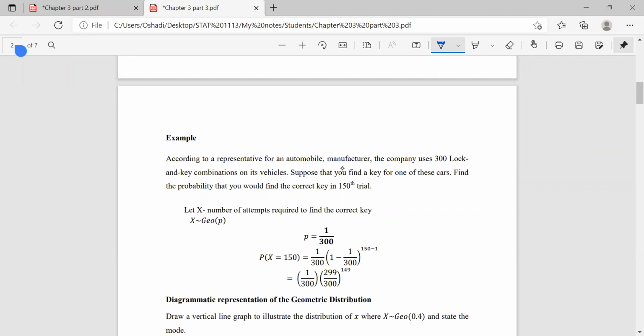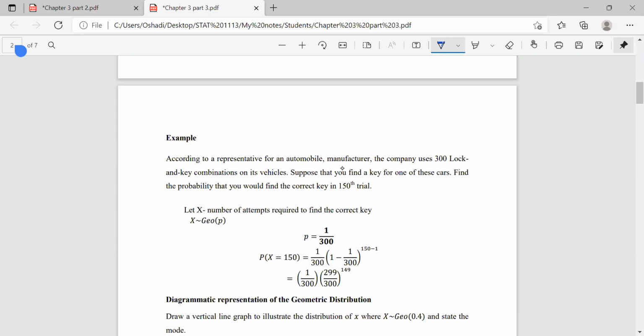So for a given car, you have to find the key. There are 300 keys.